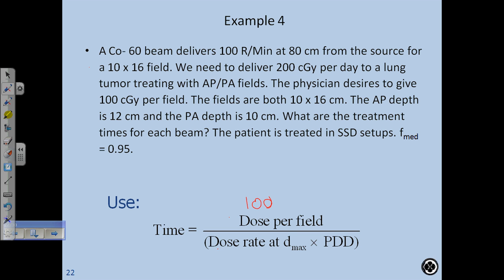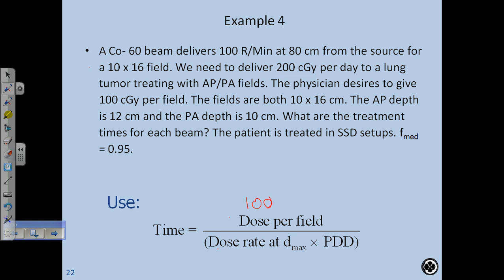What about PDD? Where are we going to get PDD? The PDD we'll get from the table. Okay. Is this 10x? No, Cobalt-60. Do you have a Cobalt-60 table?